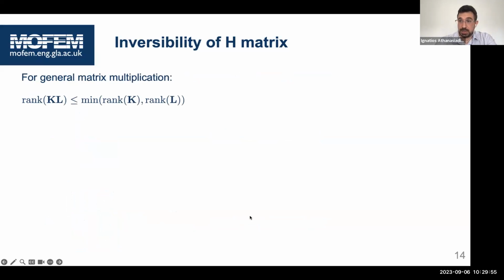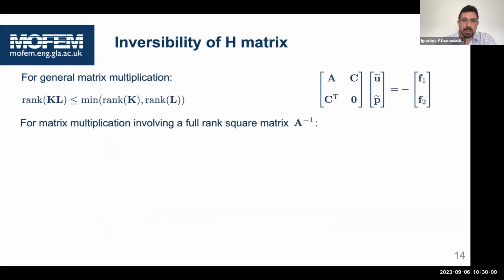In order to end up and understand this analysis, we have to refer to a general relationship of rank of general matrices, K and L, where the rank of this multiplication is smaller or equal to the minimum of each individual rank.